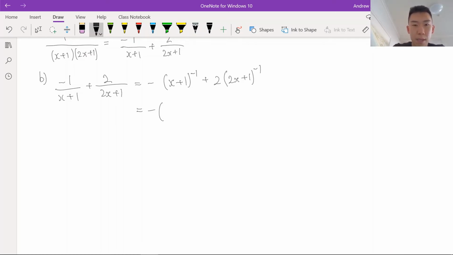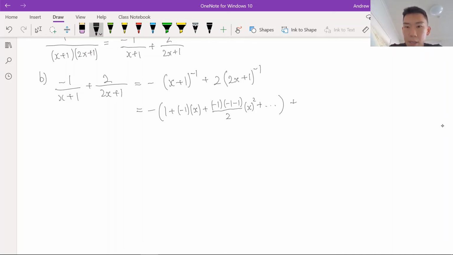So the formula is 1 plus nx plus, now we only want up to the x squared term, so I'll stop at the next term, n, which is your power, times n minus 1 over 2 factorial, which is 2, multiplied by x squared, and then make sure you write plus dot dot dot because this is an infinite series.